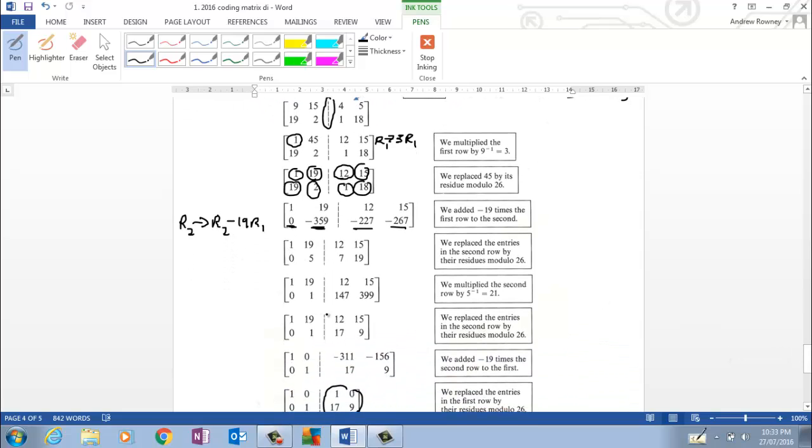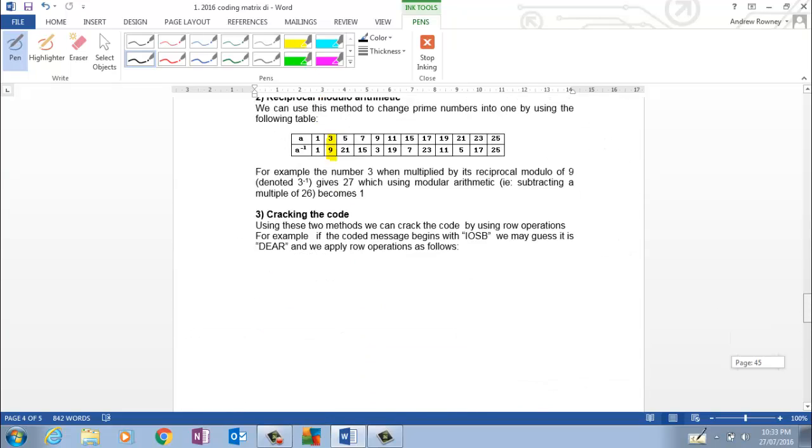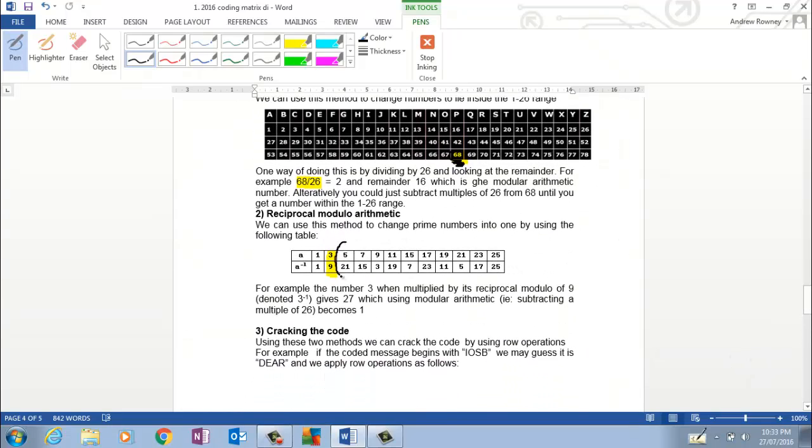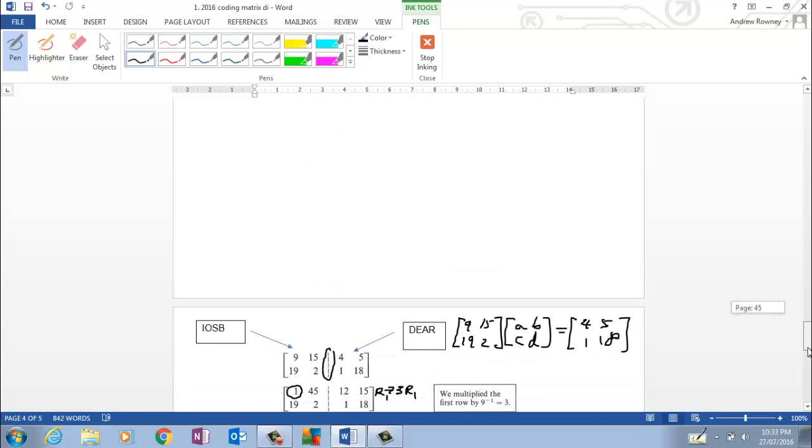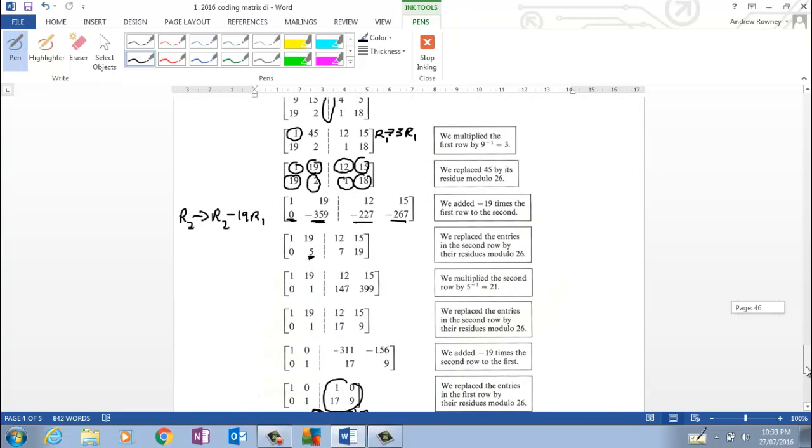Now we're 1, 0. Now we have to get the 5 to be 1. If we look up at the reciprocal modulo for 5, we can see we need to multiply 5 by 21. So the 5, when you multiply by 21, you will get the equivalent of 1.